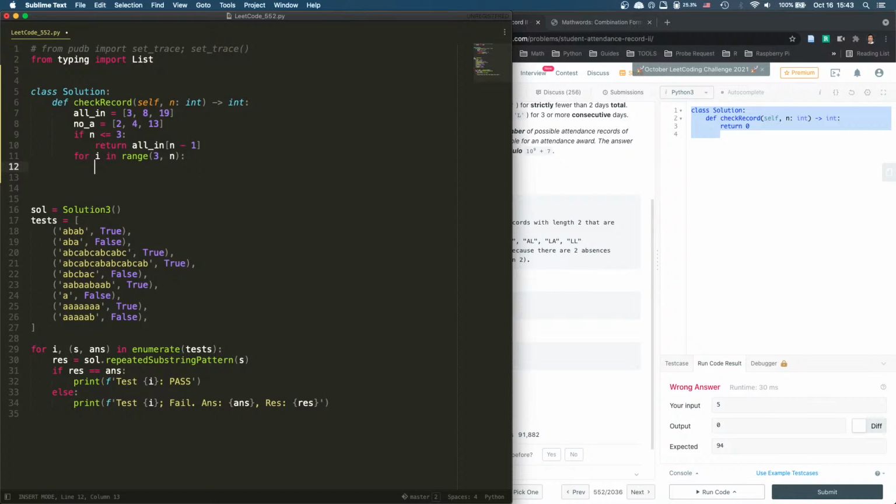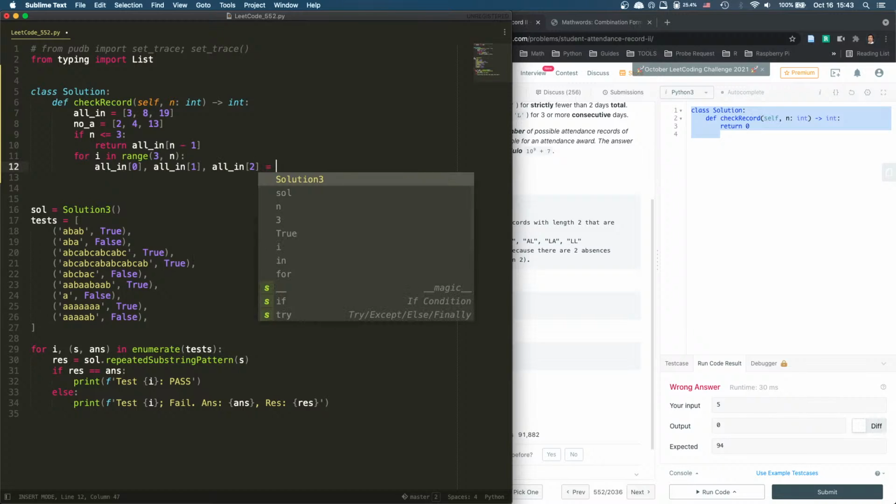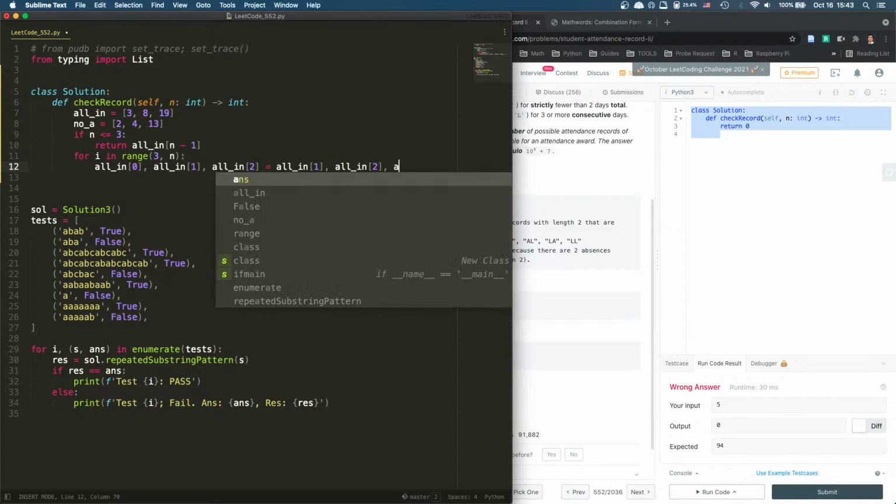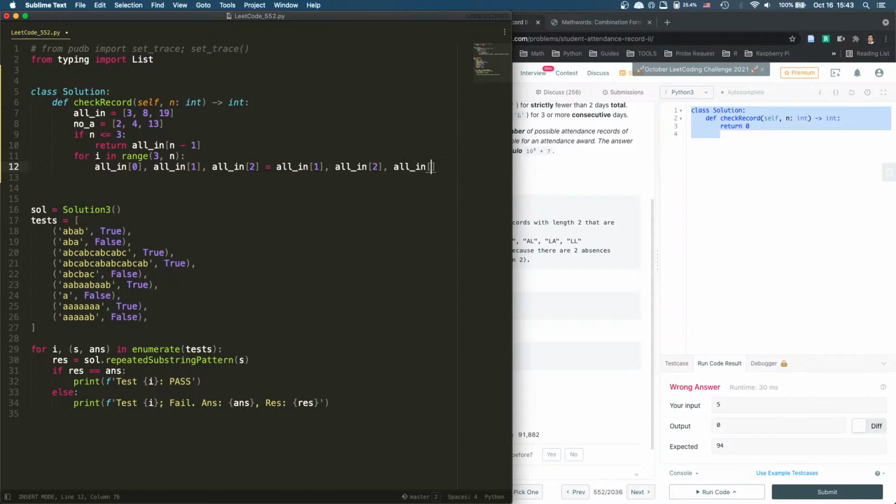Or we just say, we find all in, right? And then we find no A. So we need to say all in 0, all in 1 and all in 2 will equal to all in 1, all in 2, and all in, that's the new thing.